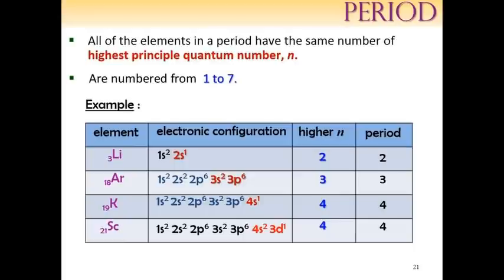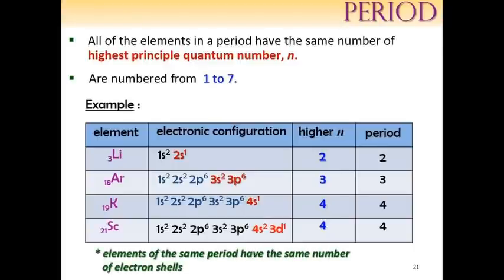For argon, the highest value of n is 3, so argon is from period 3. For potassium, the highest value of n is 4, so potassium is in period 4, and for scandium the highest value of n is 4, so scandium is from period 4. Elements of the same period will have the same number of electron shells.